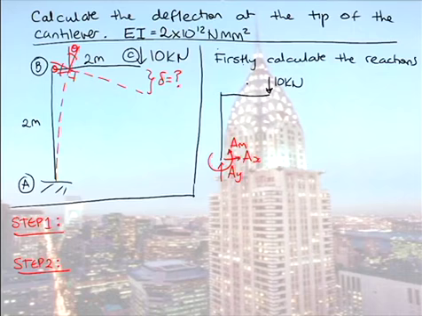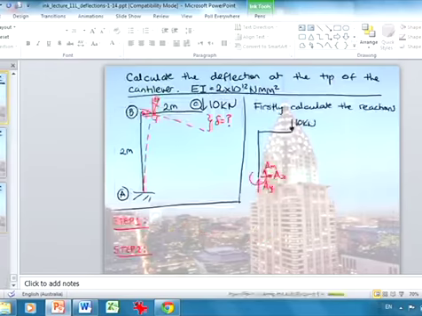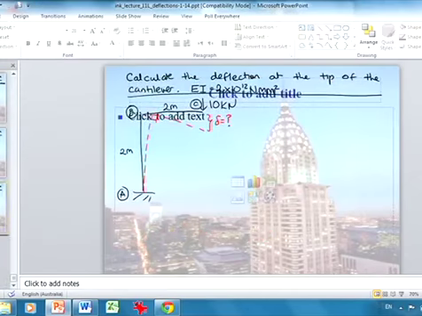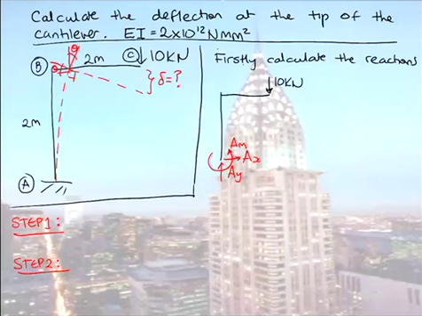It's best we tackle this. So sit there and ponder: how would we calculate the deflection at the tip? I don't think we'll be able to finish this one, but hopefully I'll get across enough for you to finish it.